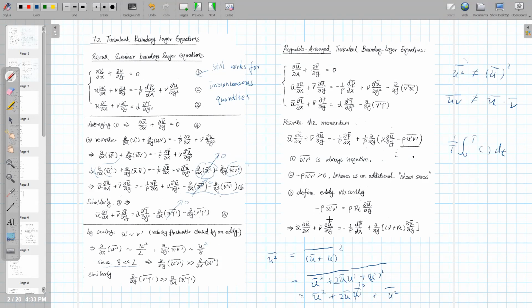Okay, we can define eddy viscosity, making minus rho u prime v prime equal to rho nu t times partial u over partial y. This nu t can be considered the eddy viscosity, right? So you can rewrite this governing momentum equation in this way, absorbing this term into the additional nu t here. Okay.